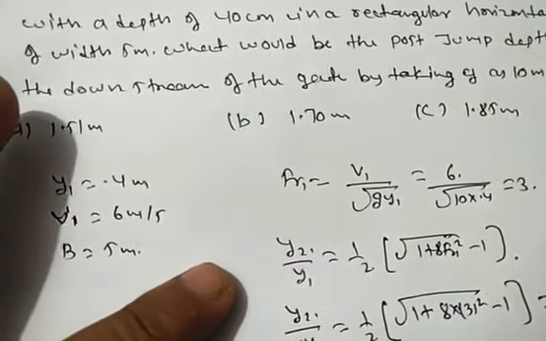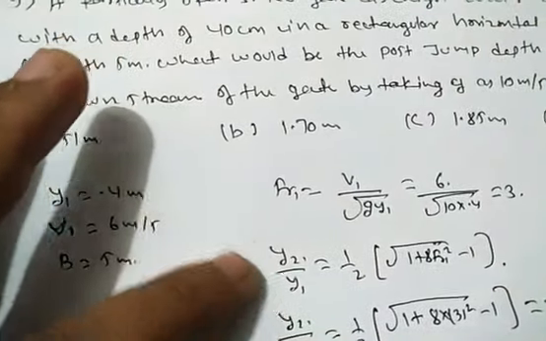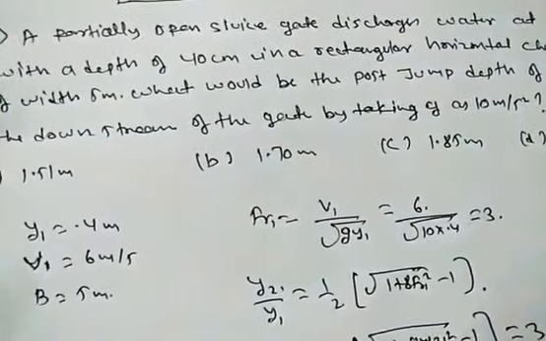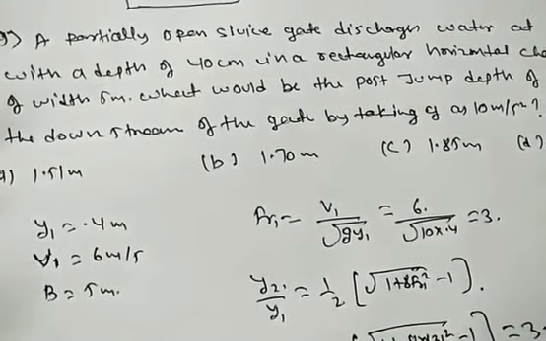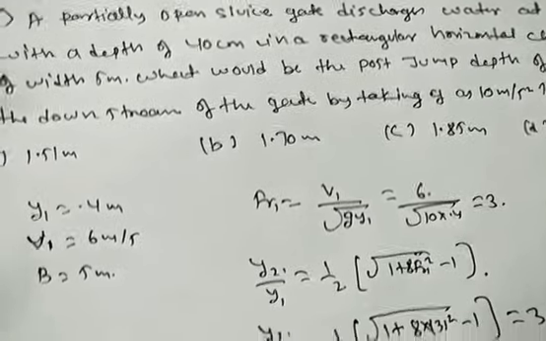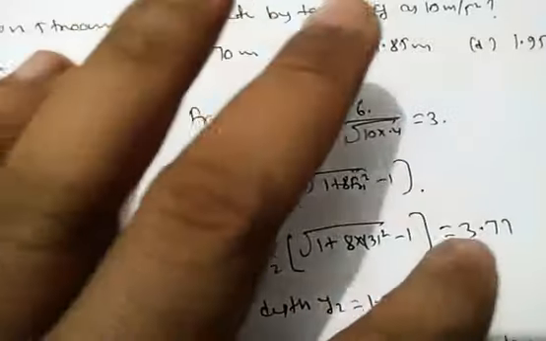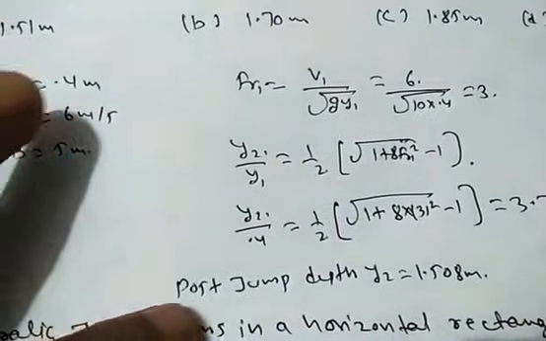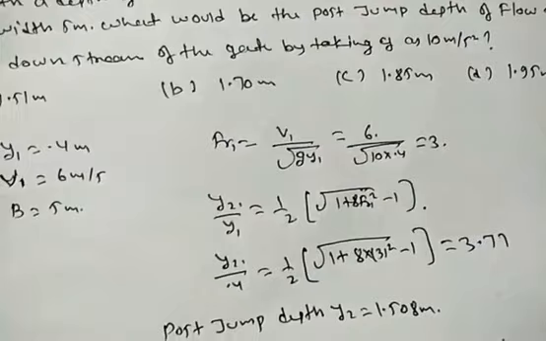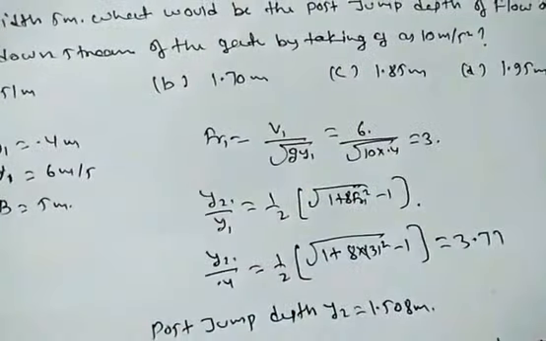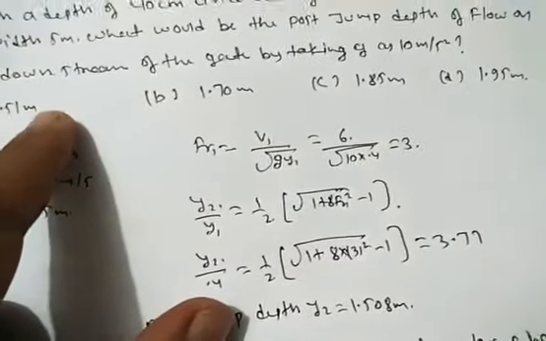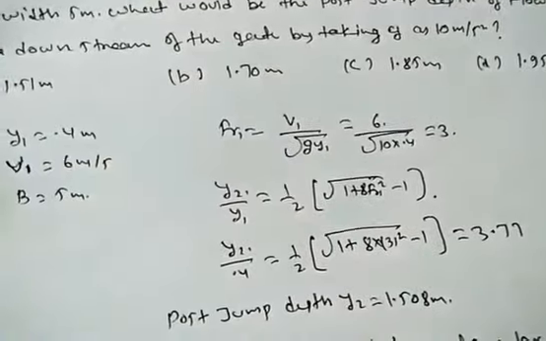The hydraulic jump formula is y2 by y1 equal to 1 by 2 bracket start under root 1 plus 8 Froude number square minus 1, and putting in the value 3.77, post jump y2 equal to 1.508 meter. Option A is correct, 1.51 meter.